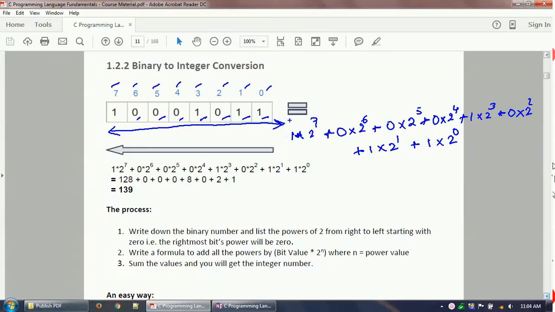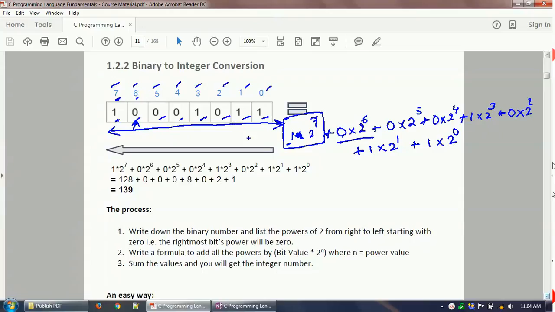If you look here, this particular calculation is done for a particular bit. So this one is what? The bit value. Here the bit value is 1, that is why this 1 is here. And into 2 to the power 7, what 7 represents is the bit number. Similarly, this is the calculation for this particular bit, where the value is 0, into 2 to the power 6. 6 is the bit index.